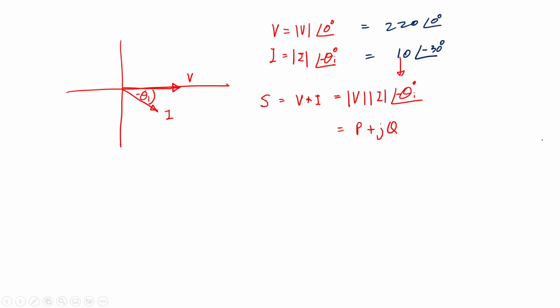It means the current lags the voltage. Then we will get 2200 at angle minus 30. If you transform into P and Q, what is this?